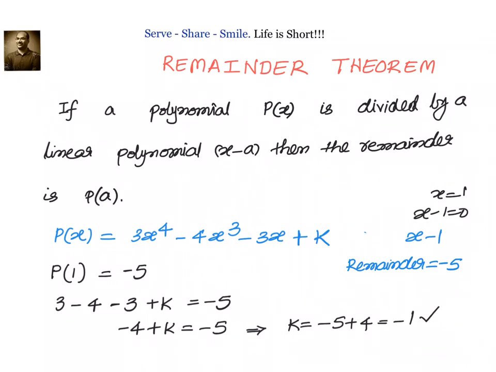In that we will be given the linear polynomial and also the remainder. So we will substitute the 0 of the linear polynomial in the given polynomial and equate it to the given value of the remainder. So you can find the value of k or a or b. The problems can also give you two different polynomials divided by two linear polynomials with two different remainders. Then we will get two equations. Solve them, and we can find the values of a and b.